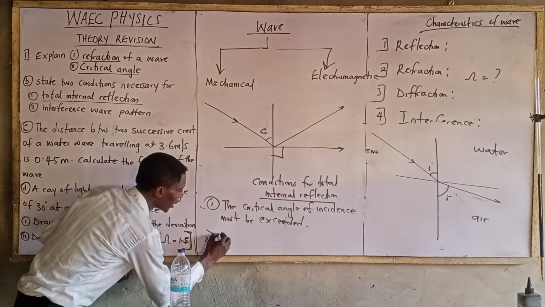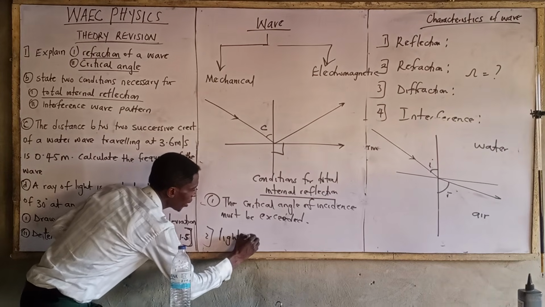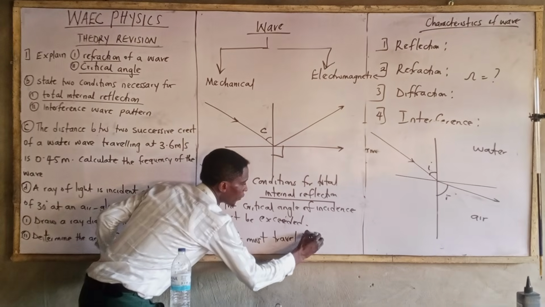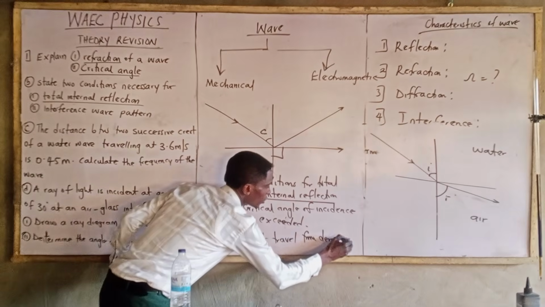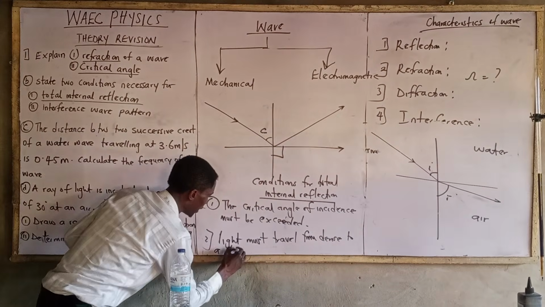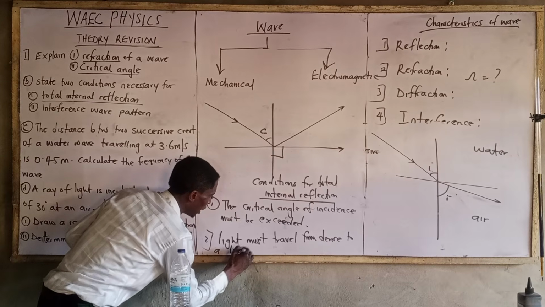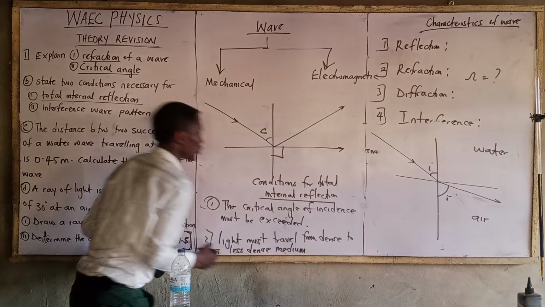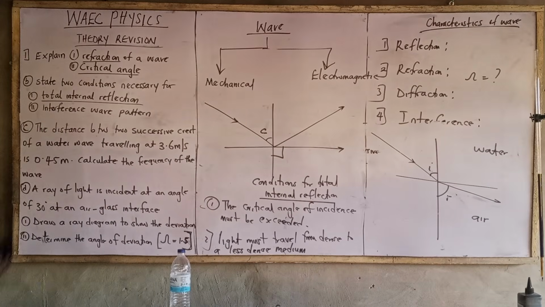So that's condition number 2: light must travel from dense to a less dense medium. Then you can be sure to have total reflection.